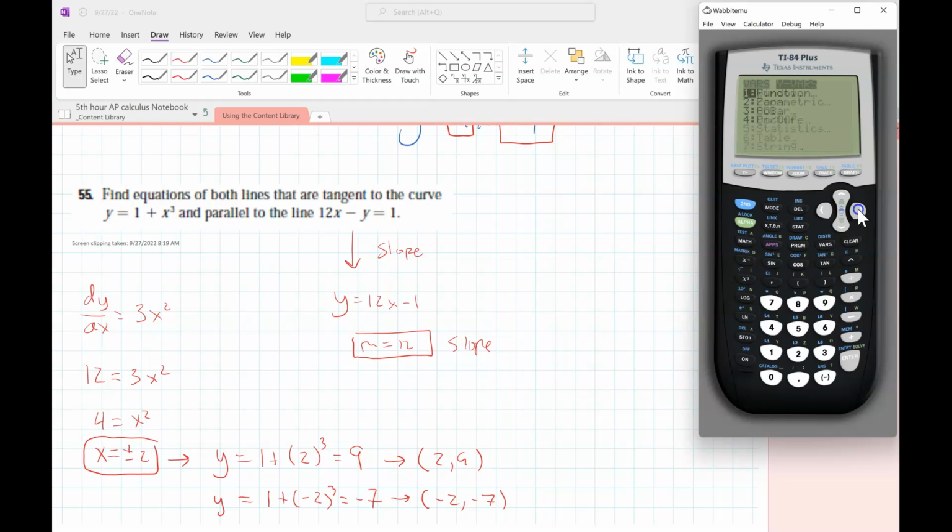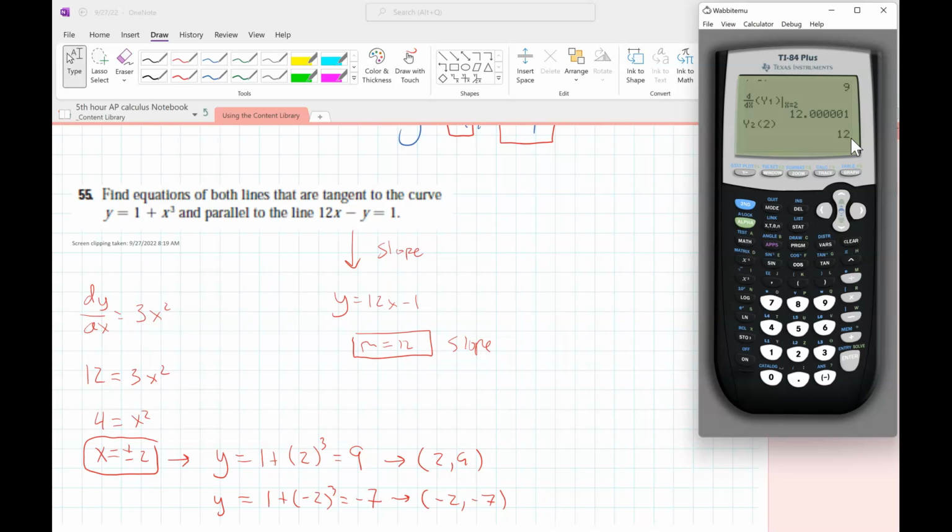And then I take the answer that I did algebraically, which I put in y2, and I evaluate it. I'm just checking to make sure that when my calculator finds the derivative and evaluates it at that value, it gets the same thing as my answer evaluated at that value.